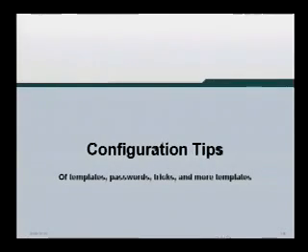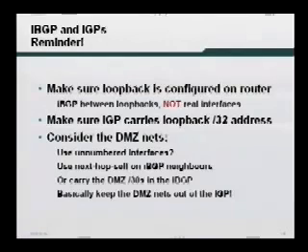Now, just in the last few minutes, just some configuration tips and hints. So just some reminders. The first thing, IBGP is generally set up in routers between loopback interfaces. It's quite rare to build an IBGP running between physical interfaces in the router. I didn't go over IBGP design in the first part of the presentation, but IBGP is built between loopbacks on the router rather than between physical interfaces.